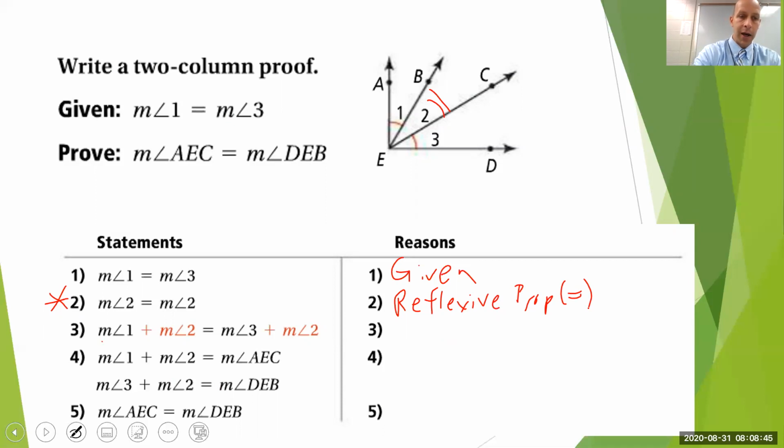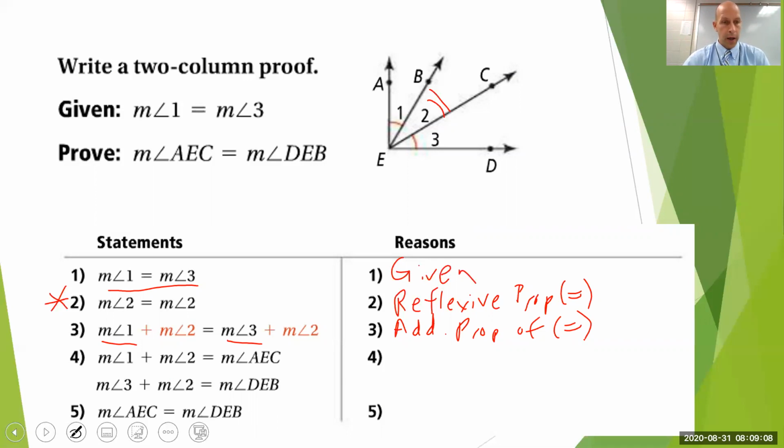Statement 3 kind of looks like statement 1, but they've added the measure of angle 2 to both. They've added the same thing on both sides. So that's going to be the addition property of equality. The addition property of equality says that you can add the same amount to both sides of the equation.